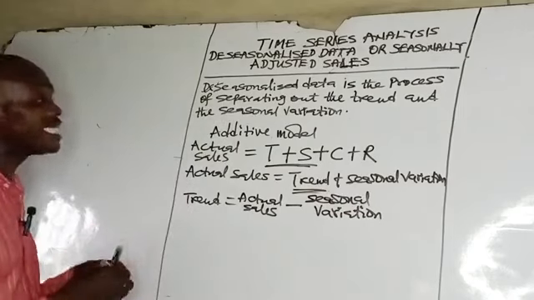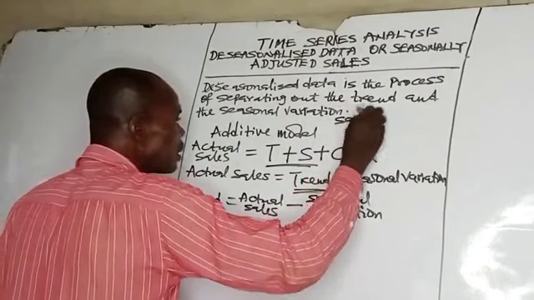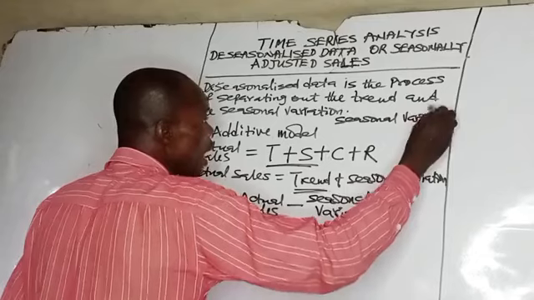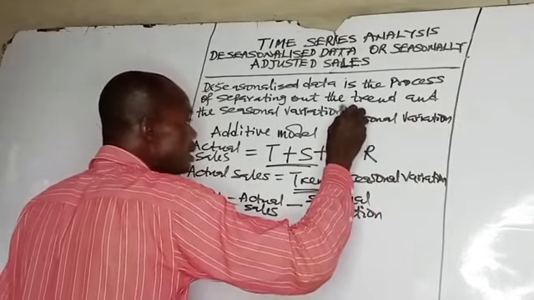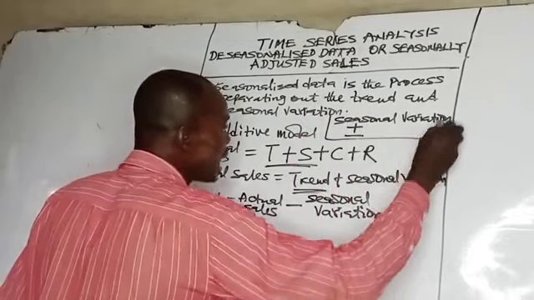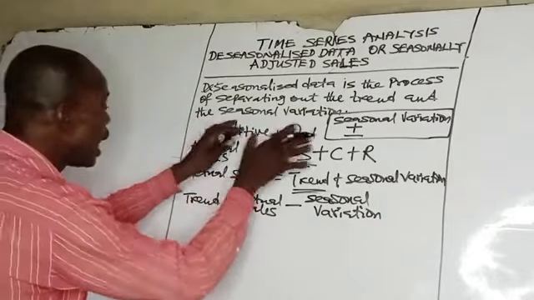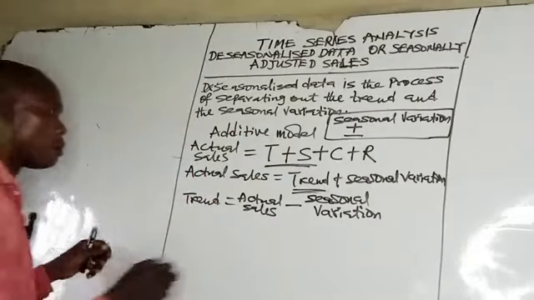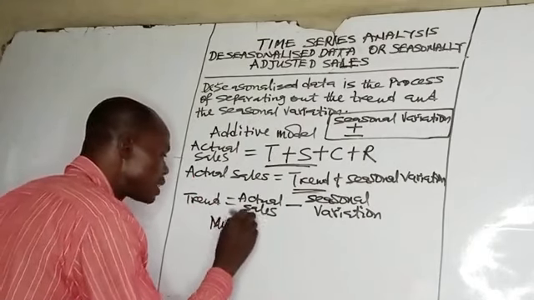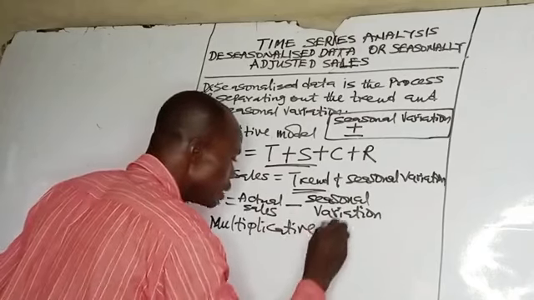I've told you that the additive model is used where seasonal variations are in form of plus or minus. Where the seasonal variations are in plus or minus, the additive model is most appropriate. But where seasonal variation is in percentage, you use the multiplicative model.